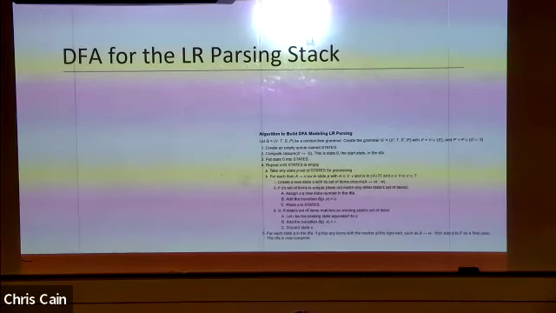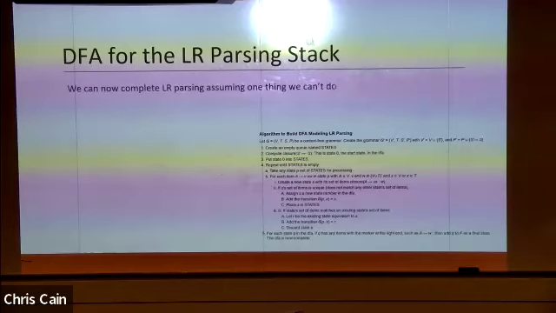So we're going to iteratively calculate this DFA that represents what it is like to be in any one of these states, seeing any one of these next symbols. Does it help us get ready to reduce? So we're going to complete this parsing, assuming that we can look multiple positions down the stack.